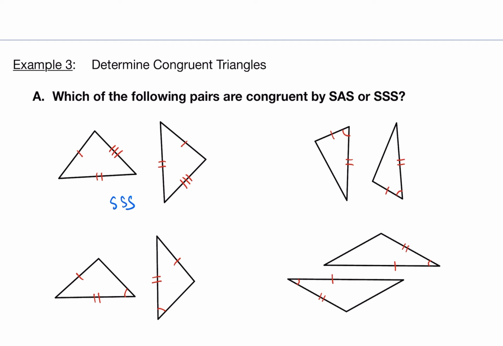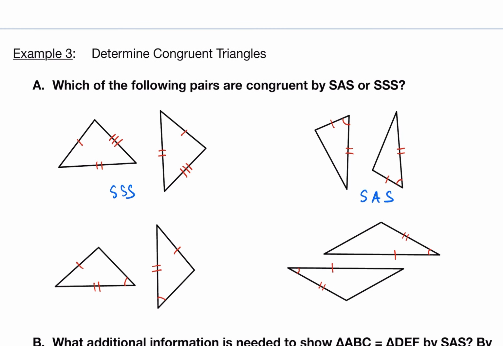And let's move over to this triangle, okay? We have this side congruent to this side. We have this side congruent to this side because of those hash marks. And the angle included between these two sides is also the same as this angle between these two sides. So then we would say that these are congruent via side congruency.